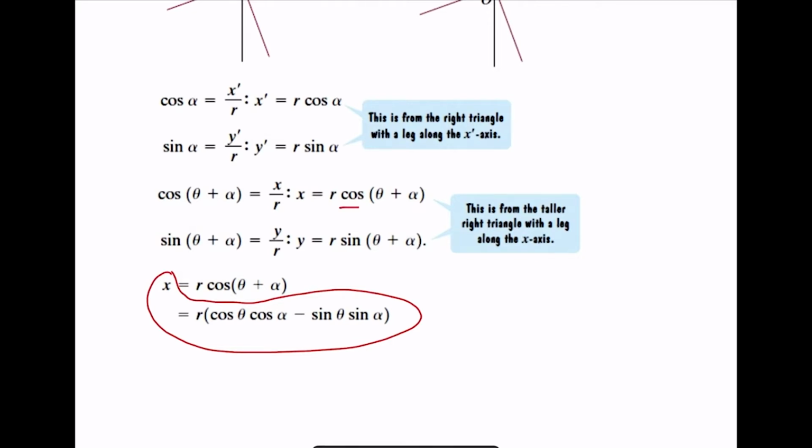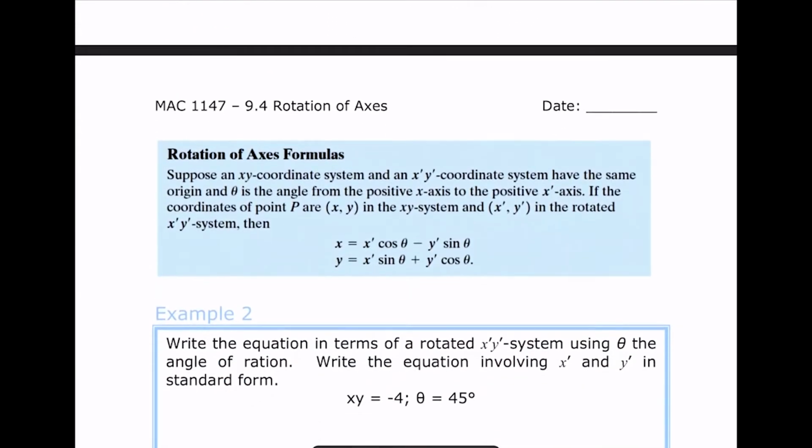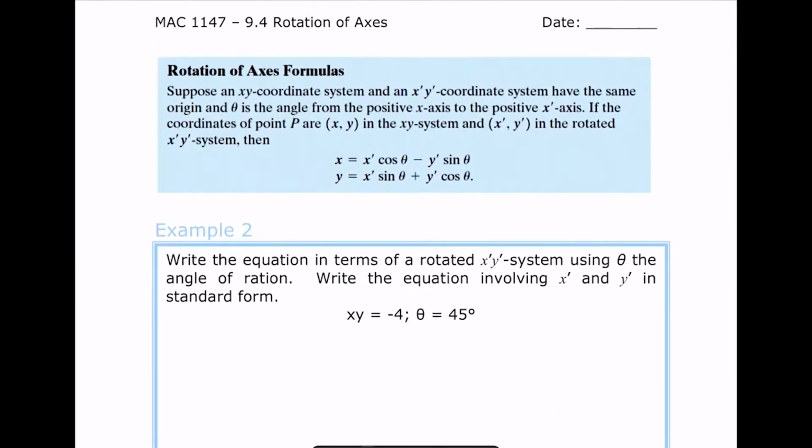but what it involves is the cosine and the sine identities. This one, the right-hand side of that equation, which you're seeing right here, is equivalent to the right-hand side of this equation by the cosine sum identity. If you wanted to go back a couple of chapters, you could find that.